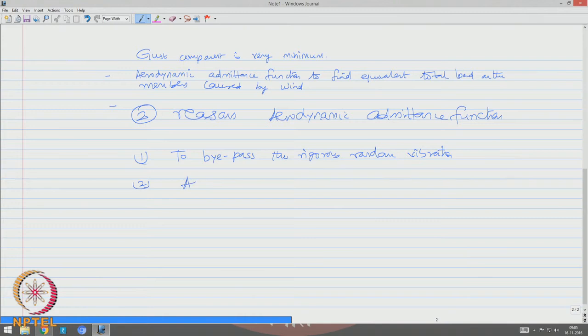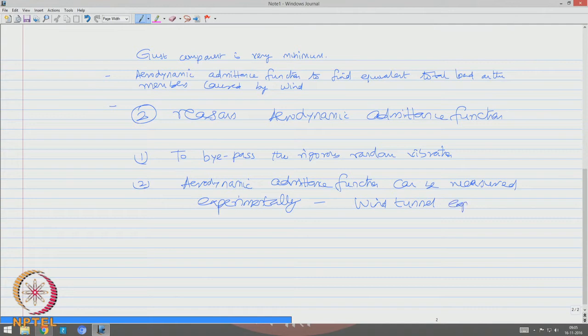Secondly, the aerodynamic admittance function can be measured experimentally. One can conduct wind tunnel experiments to measure aerodynamic admittance functions. It means the aerodynamic admittance function can be quantified with better accuracy.